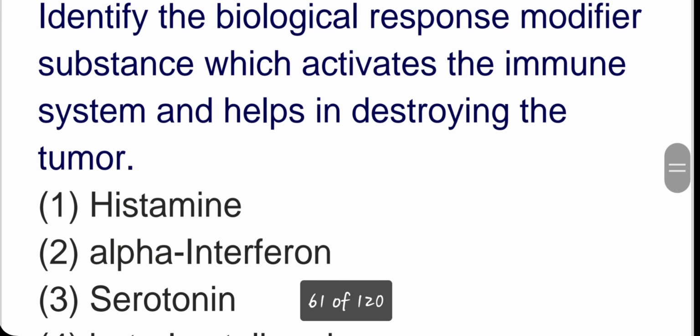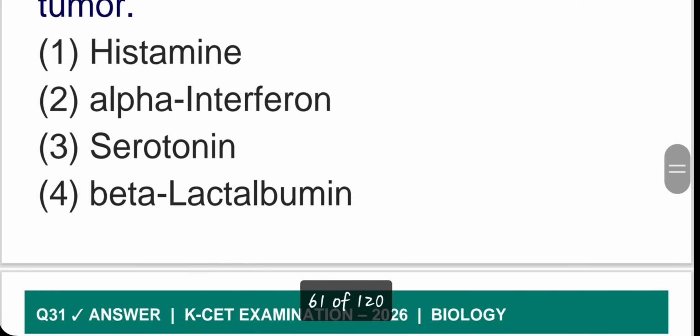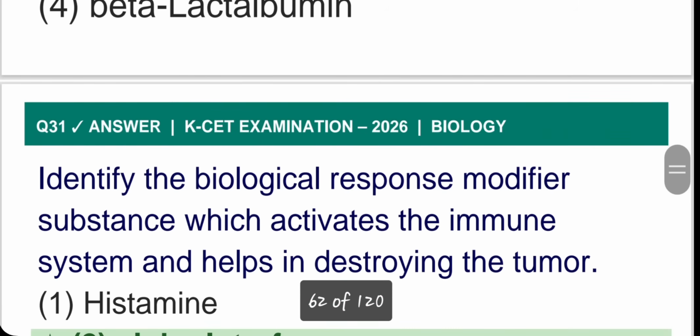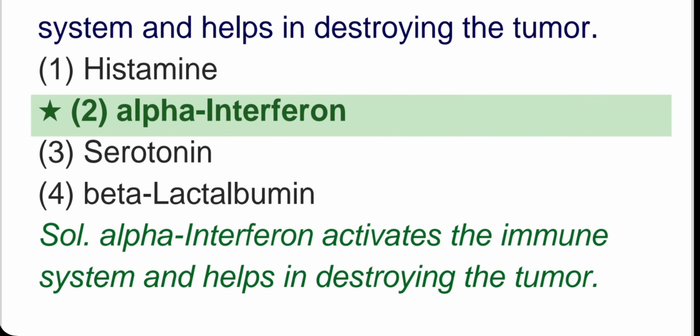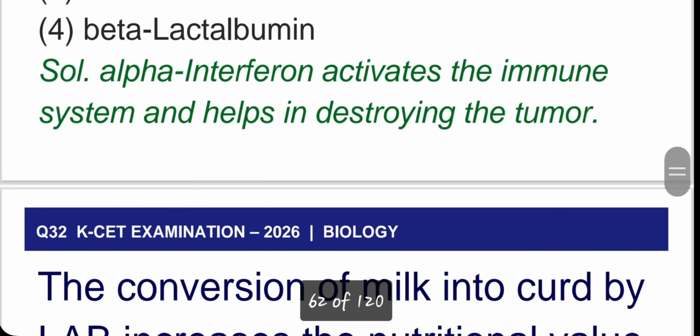Identify the biological response modifier substance which activates the human immune system and helps in destroying the tumor. Probably alpha interferon. Alpha interferon activates the immune system and helps in destroying the tumor.